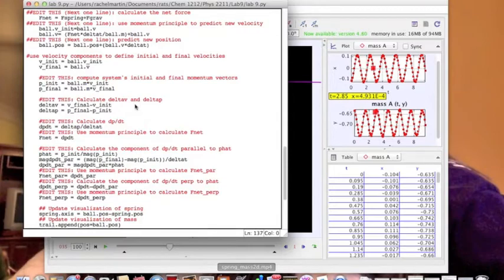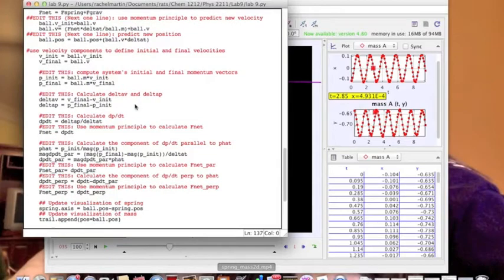Changed delta v to equal final velocity minus initial velocity, and changed the momentum to equal final velocity minus initial velocity, which is important for the change in momentum with respect to change in time, which will give us F net.